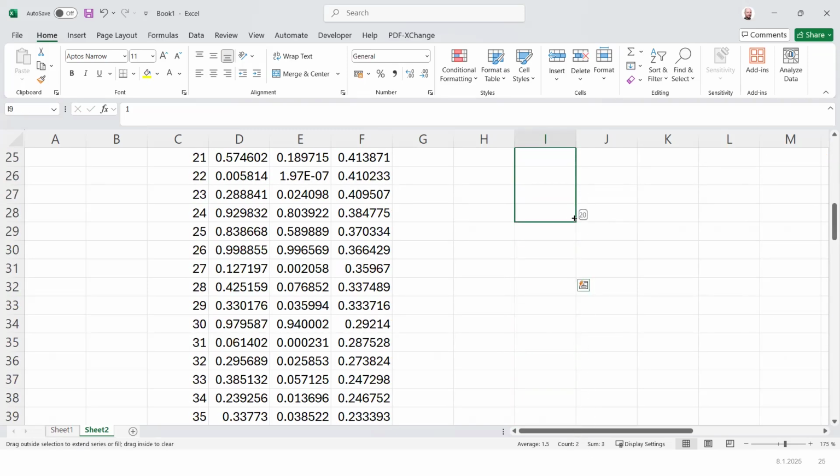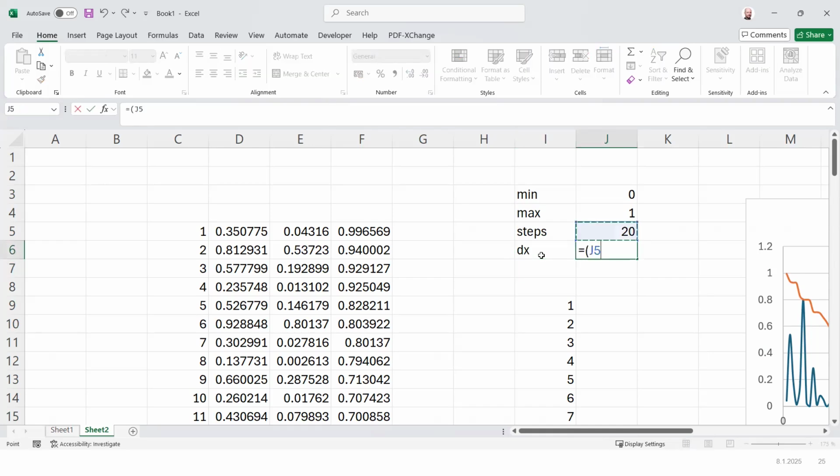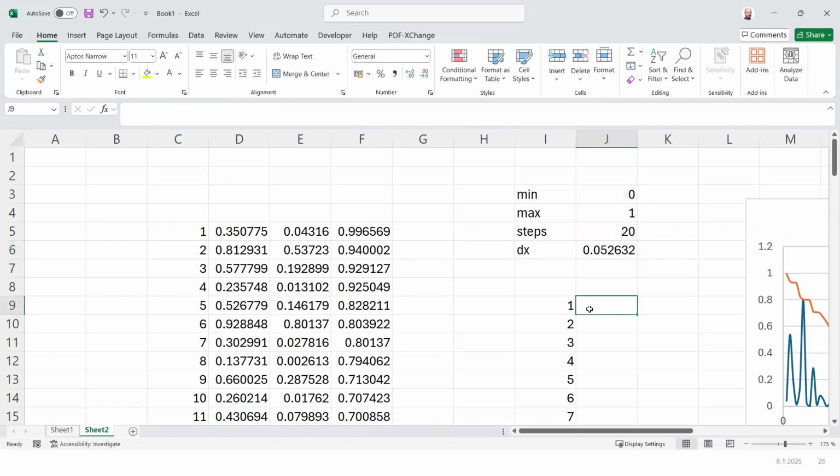We're going to have 20 steps, so this is how many slots I have in here. Steps is going to be 20, and this dx is then the maximum minus minimum divided by steps minus 1. So that's my dx.